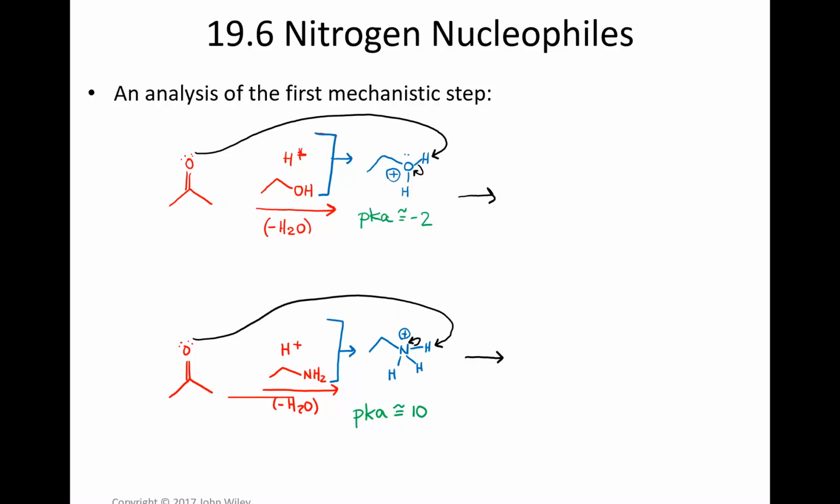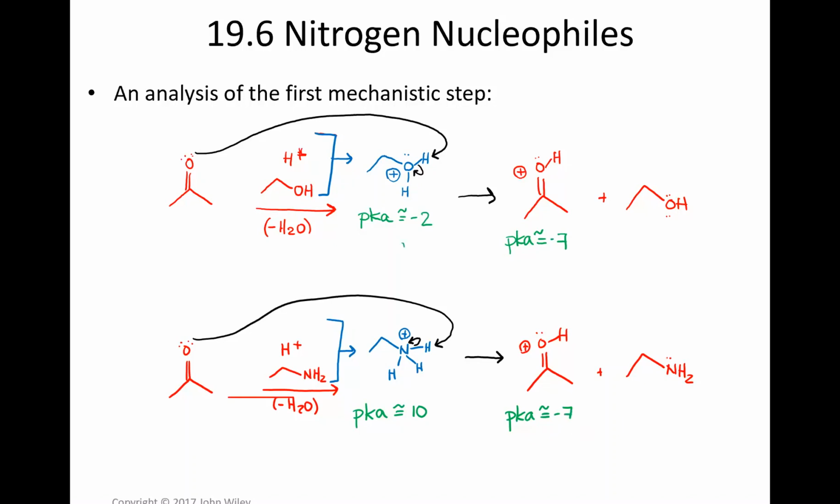The products of that proton transfer would be the protonated ketone and also ethanol in this case, or again the same protonated ketone and the primary amine. Okay, so the protonated ketone is pretty acidic. It's actually about -7. So this being the same thing, we'll write it again down here, -7.